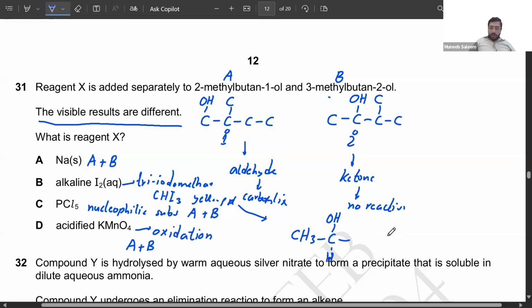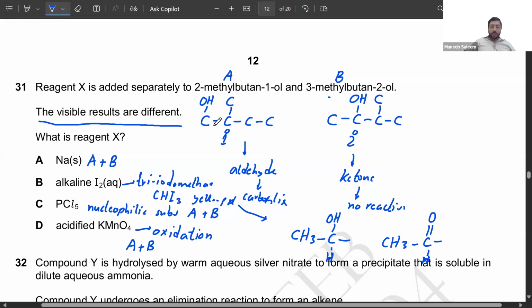Or in case of an aldehyde or ketone, it should have a group like this, CH3 bonded directly with a carbonyl group, and then we have another substituent over here along with the hydrogen at this point.